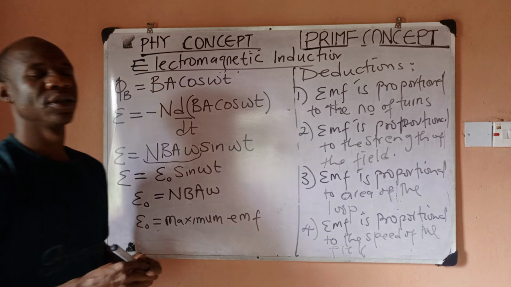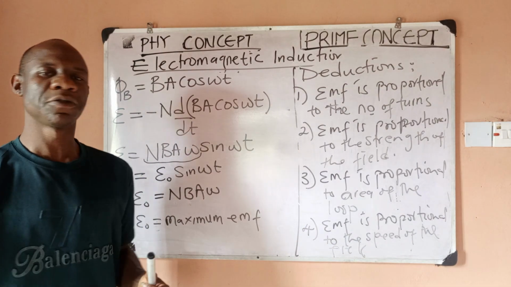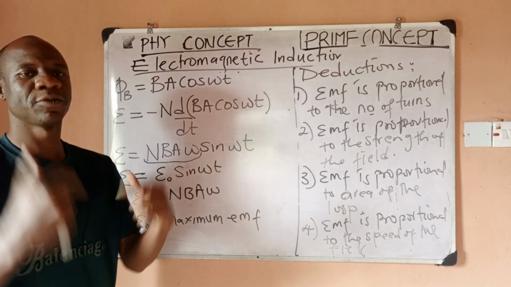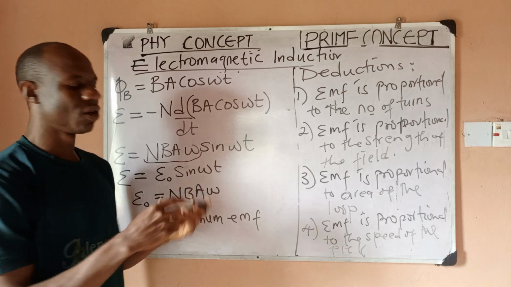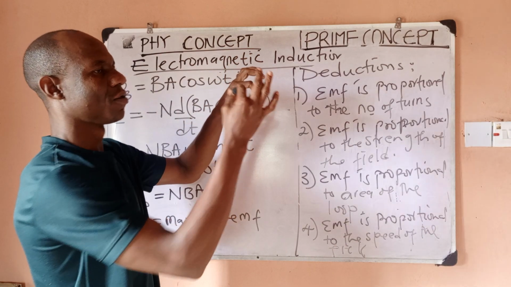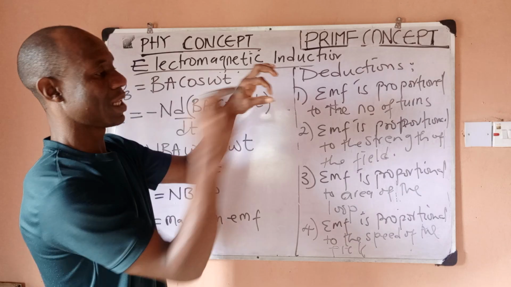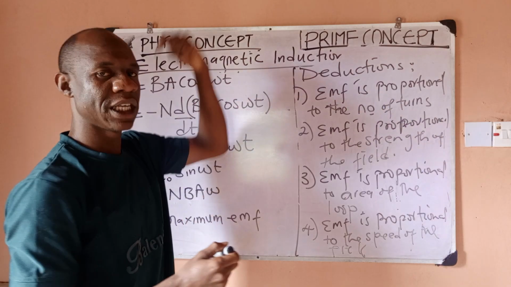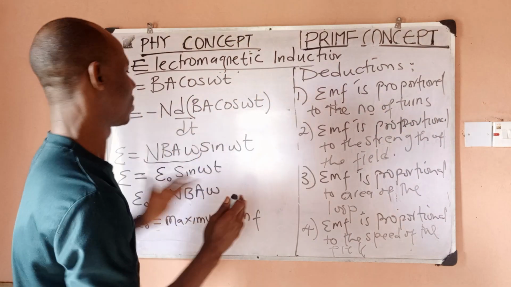If the magnetic field changes very fast, then the EMF would be increased. If it changes slowly, as I bring this magnet and move it out, I'll get a small value. But when I begin to move it fast, the EMF will increase. That is just what this is saying.